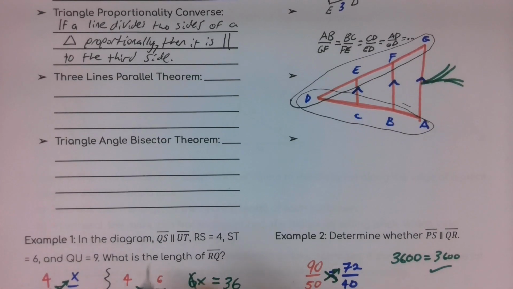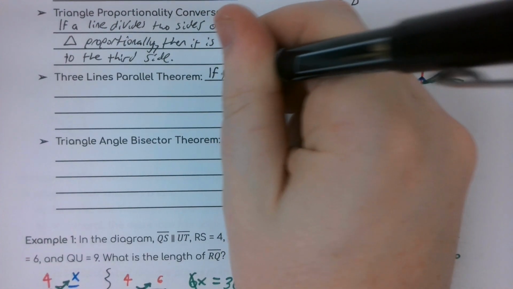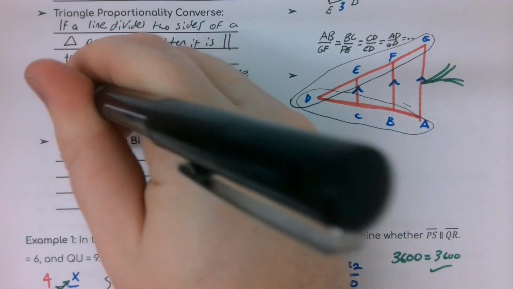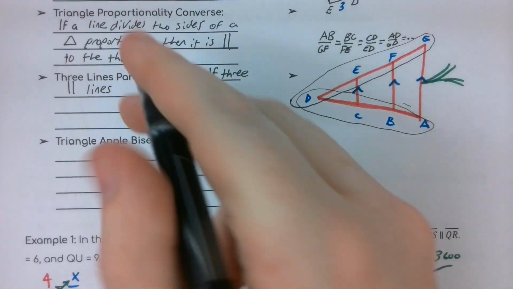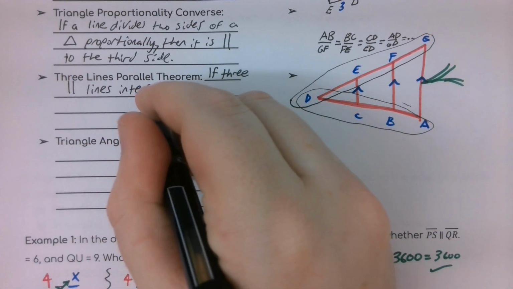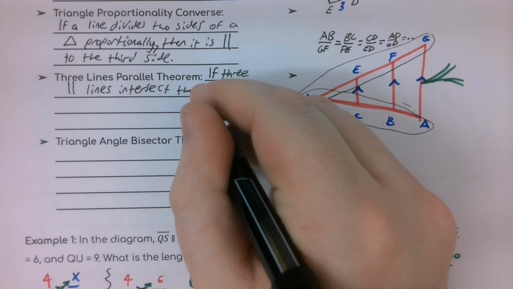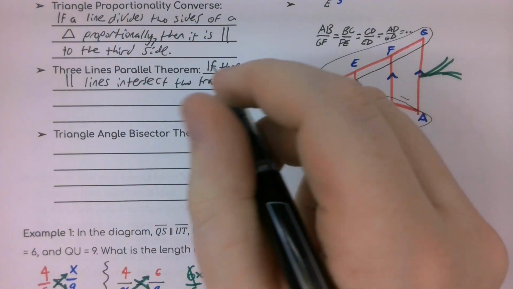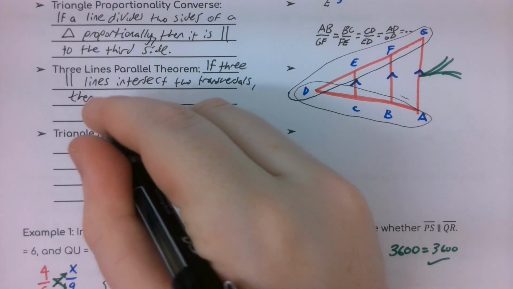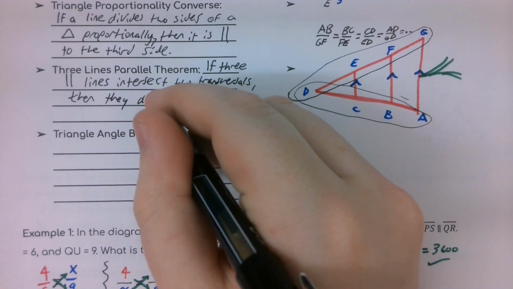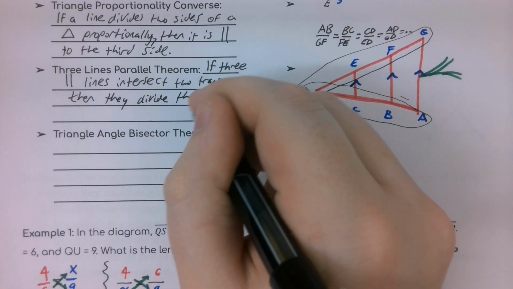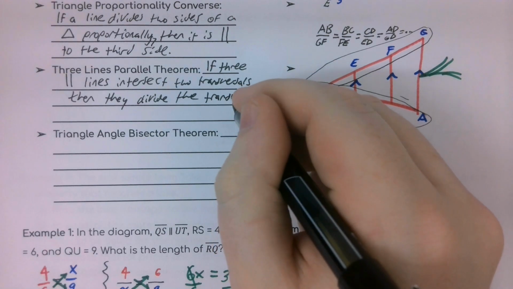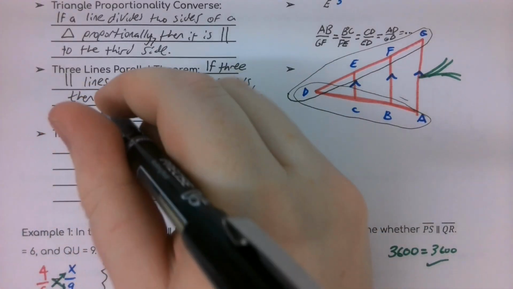So the three lines parallel theorem says this. It says, if three parallel lines intersect two transversals, then they divide the transversals proportionally.